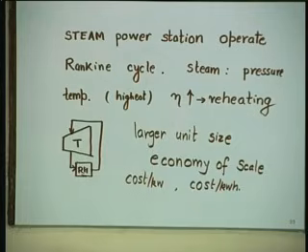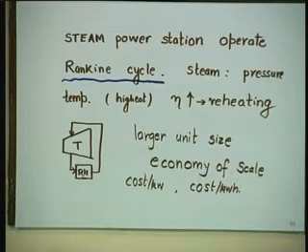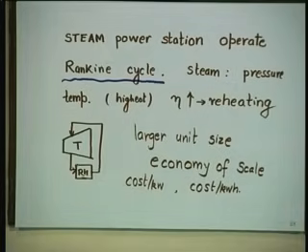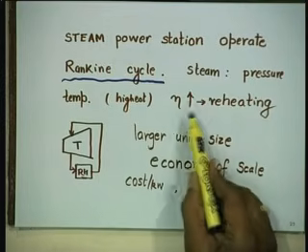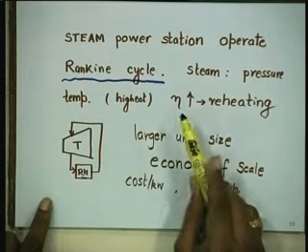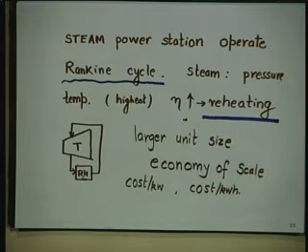It operates on the Rankine cycle. I already talked about this, and the Rankine cycle is a low efficiency cycle. You must have learnt in your mechanical engineering: the higher the steam temperature, the higher the pressure, the more the efficiency. And if you want to still increase the efficiency, instead of a non-reheat turbine, use a reheat turbine.